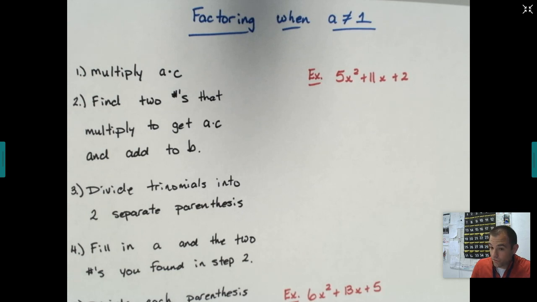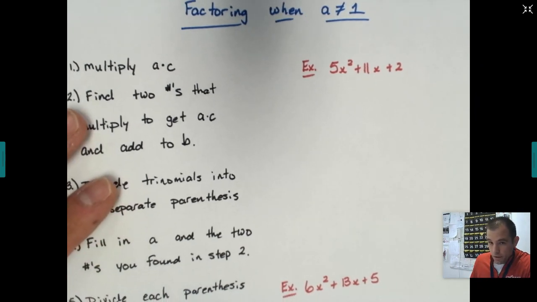Normally it's the first number and the last number, but the order could be switched around. So it's whatever's in front of x squared times whatever doesn't have a variable. Don't just get in the habit of doing first and last, because we could switch it around on you, and it might try to confuse you.